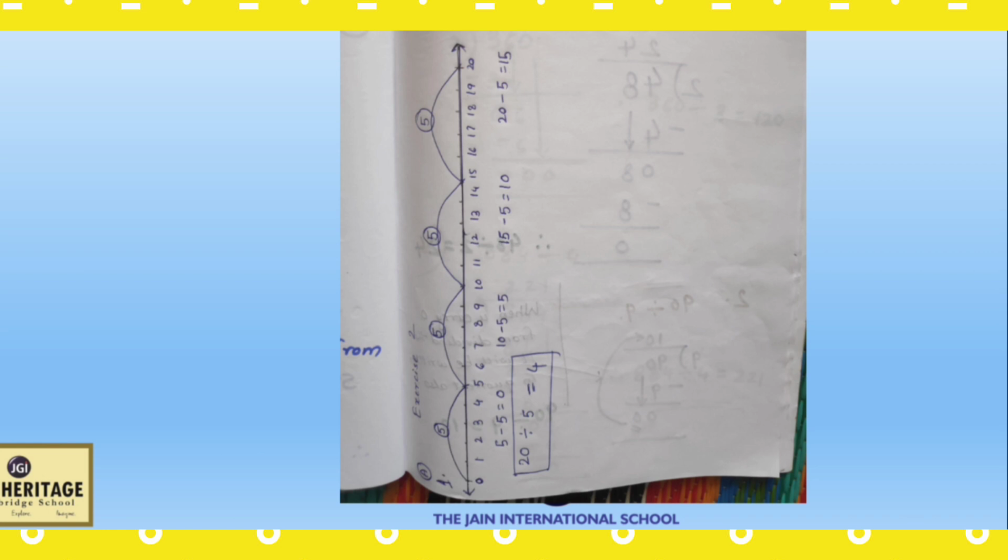Similarly, if you do backward counting, 20 minus 5 is 15, 15 minus 5 is 10, 10 minus 5 is 5 and 5 minus 5 is 0. So how many jumps are there? 4 jumps of 5 numbers. So 20 divided by 5 will be equal to 4. Okay.